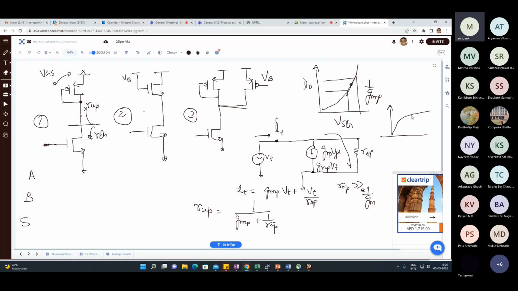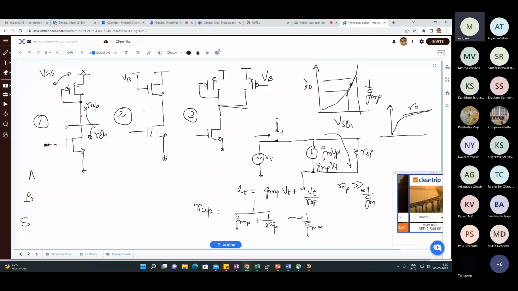So unless the current is too small, in general this RO given by the ID-VDS curve is much higher than this GM given by the ID-VGS curve. Therefore, we can ignore it, and we are left with 1 upon GMP, right?